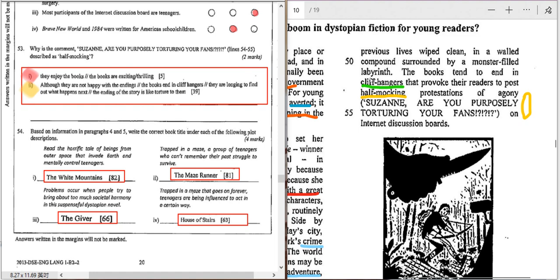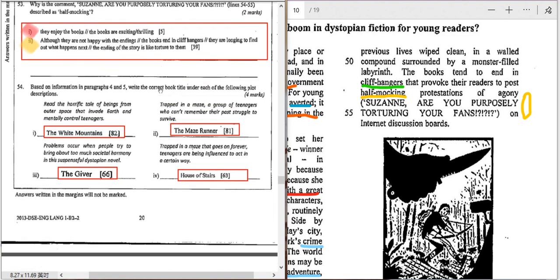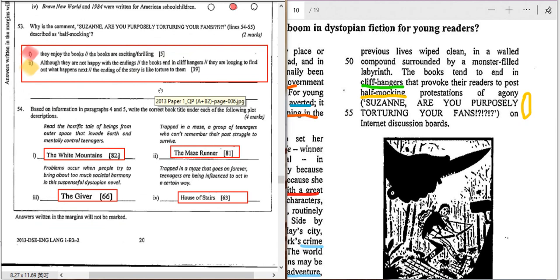And you can all refer back to the last part of paragraph 4. Now I hope next time when you are facing this kind of question, you will be able to do a better job. So that's question 53. Make a note there.